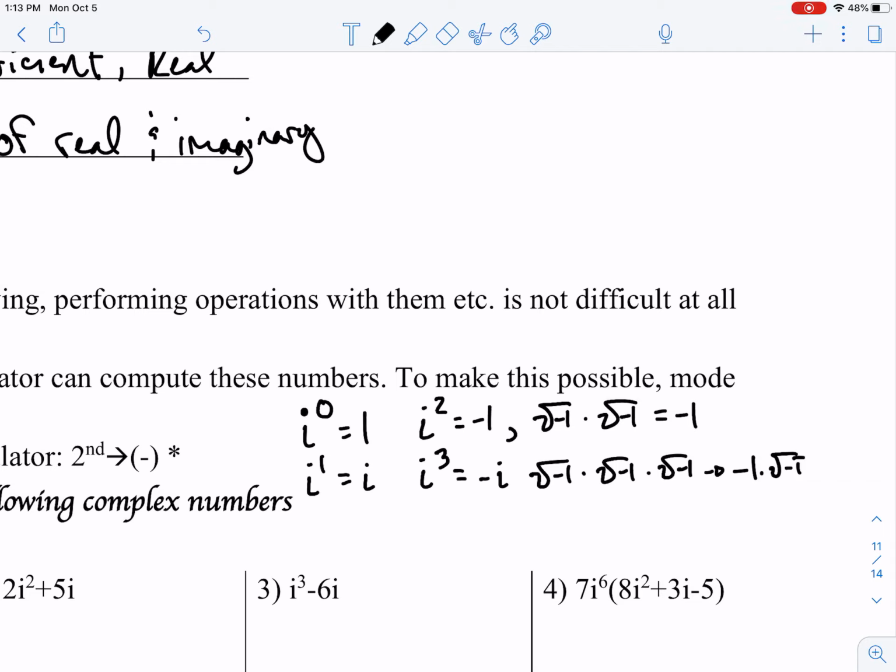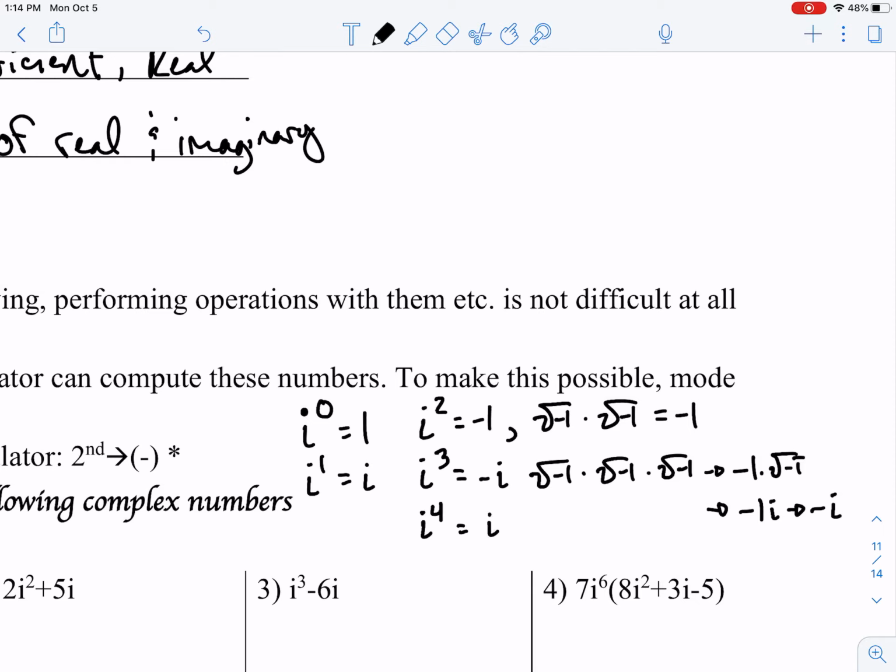We can't simplify or combine any more radicals, so we just go back and replace the square root of -1 with I. And just like with anything else, if your coefficient is a 1, you can get rid of it and just write it as I.